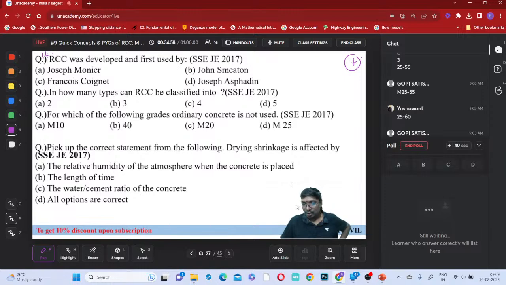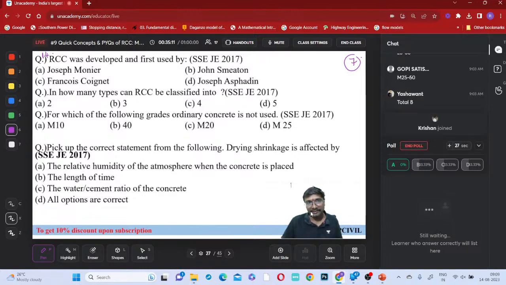Yeah, in a cantilever it is top, absolutely, yes. Actually, whatever answer is given, it may or may not be correct, so all of you have to be careful. Yes, correct, Ashish Sharma.